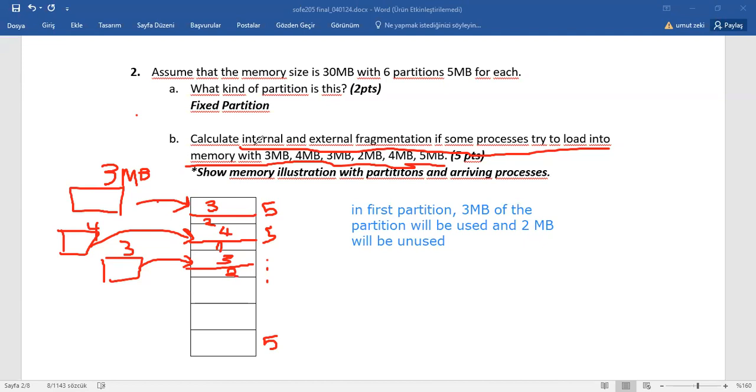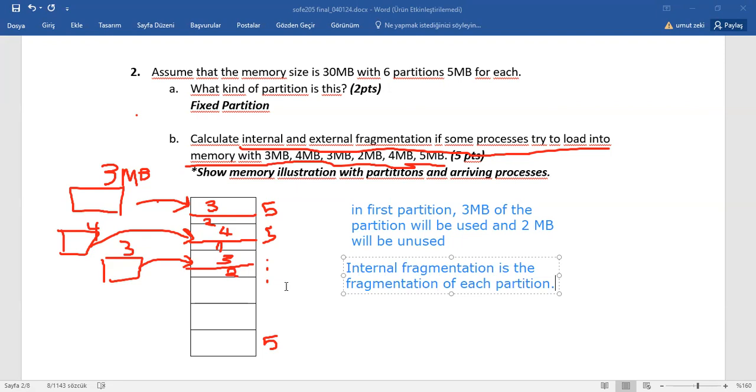So it says calculate the internal and external fragmentation. How do we calculate the internal fragmentation? Internal fragmentation is the fragmentation of each partition. What is fragmentation? Fragmentation is the unused part of the memory partition.